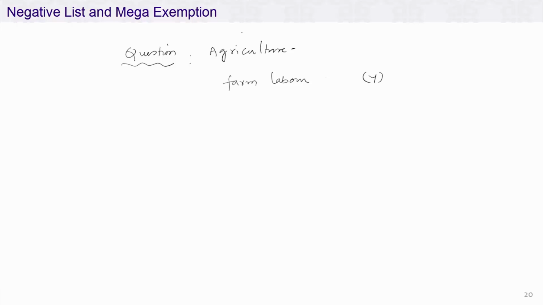And similarly, if I say warehousing of say paddy, rice, biscuits, which is in the negative list, which is in the mega exemption, which is not there. Paddy, it comes under negative list. Say negative list, and I say mega exemption, and none. None means taxable. So warehousing of paddy is covered under the negative list, you know.